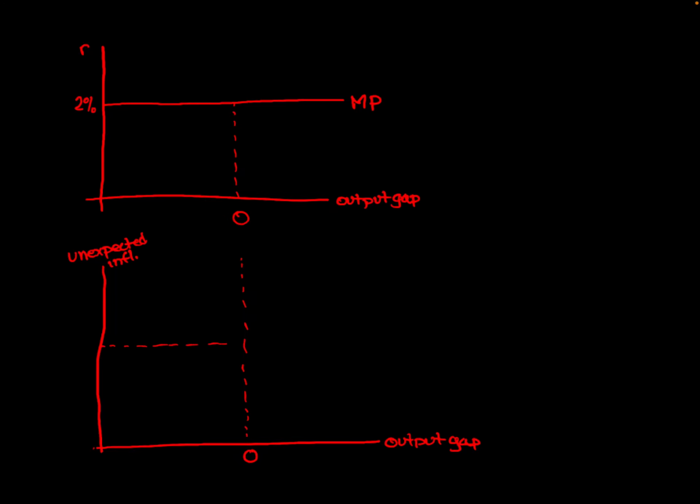Here is our 0. It's -5, -10 to be consistent with what we had before. +5, +10. And here's -7% as our output gap.